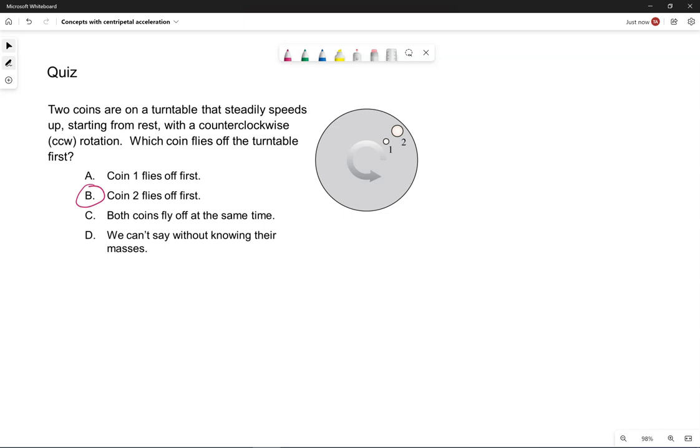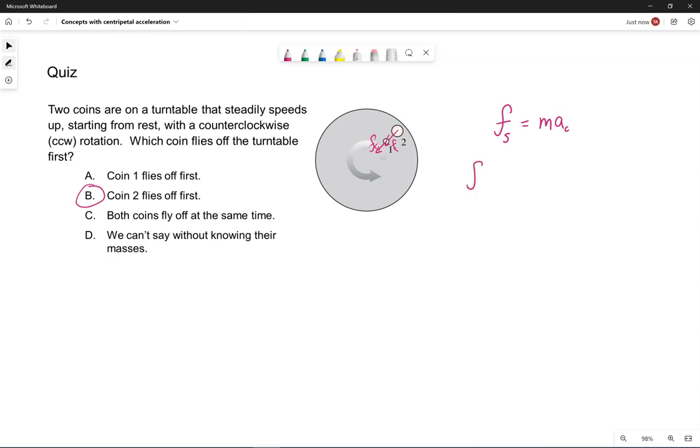So building on the last problem, it's the force of static friction on either one of them that is causing the coins to move in a circle. And so that static friction force is going to equal the mass times the centripetal acceleration. We can substitute in either r times omega squared or v squared over r.